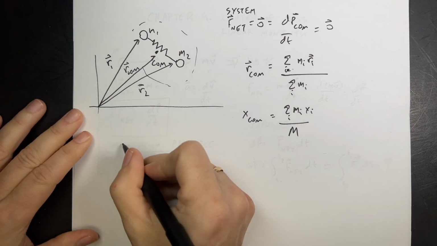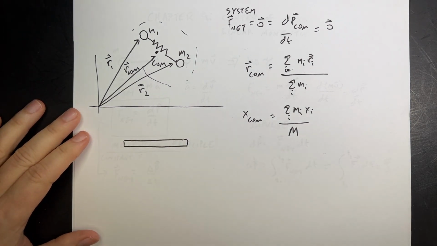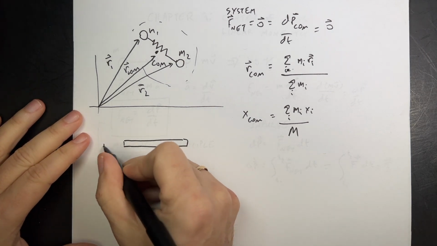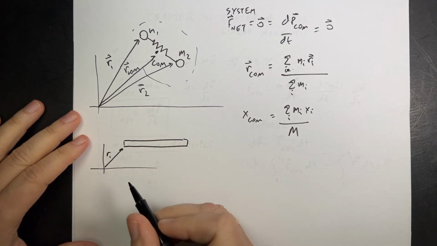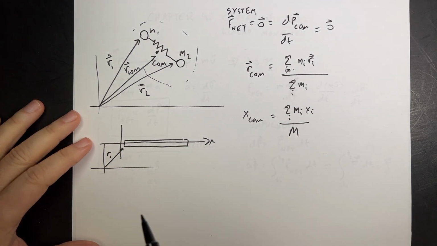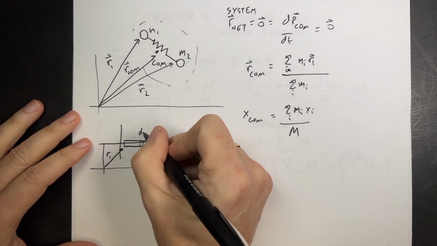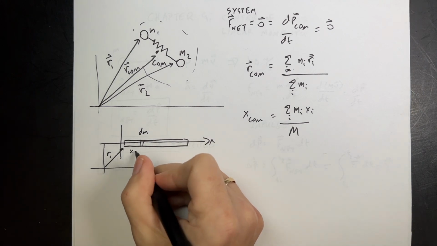If you have a distribution of masses like a stick, let's do this in one dimension. So this is in the x direction. Then I can take a tiny little piece dm right there, and it will have an x location x.